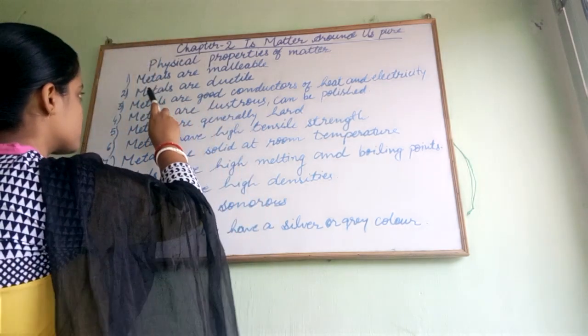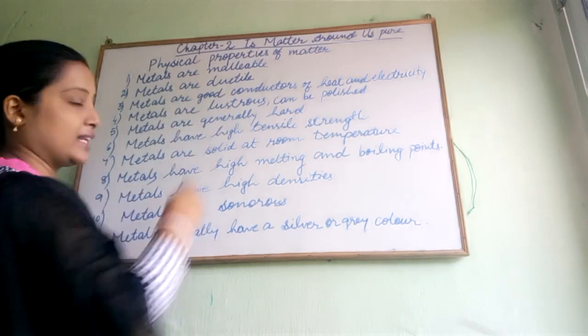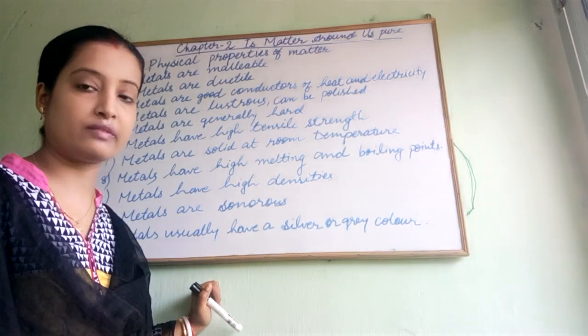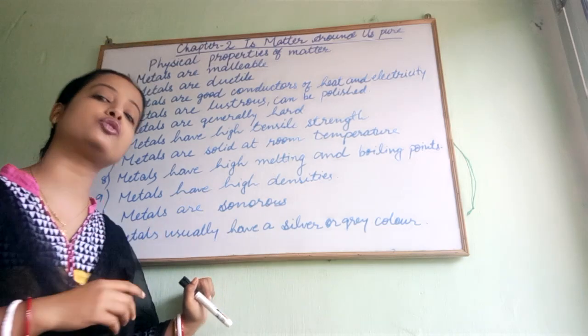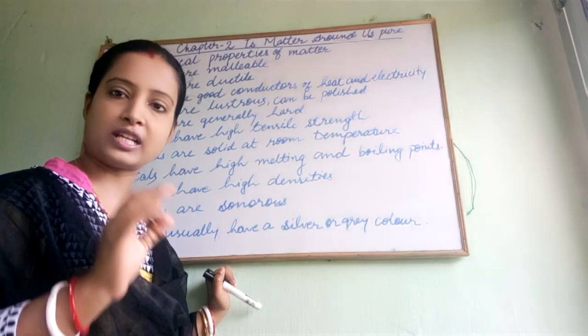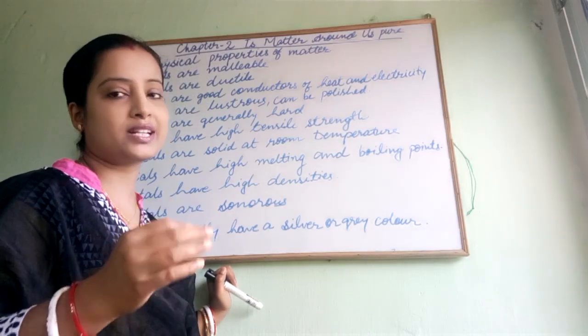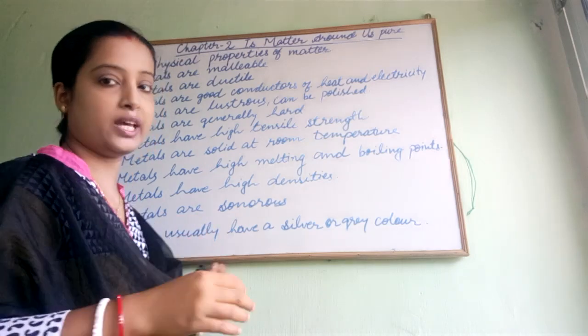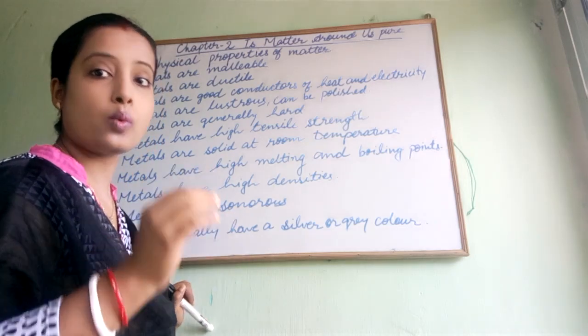Now comes the second point, metals are ductile. That means metals can also be drawn into thin wires. Whenever they are hammered, they can be drawn into thin wires. The best ductile metals are, of course, gold and silver, but all metals also show ductility. They can be drawn into thin wires.